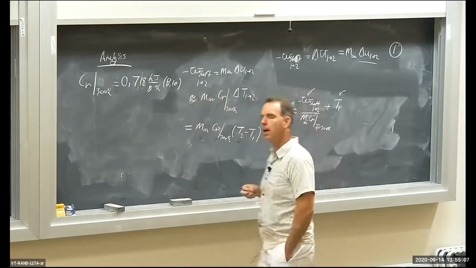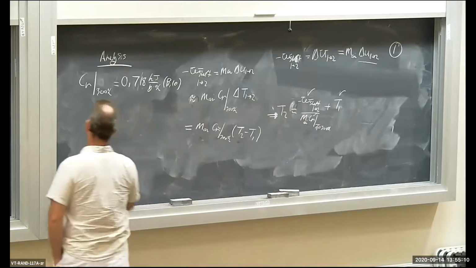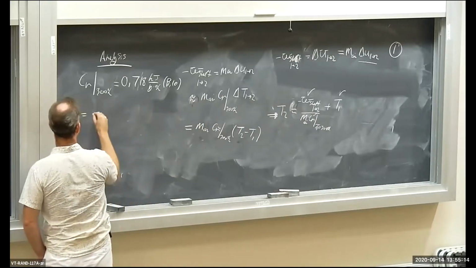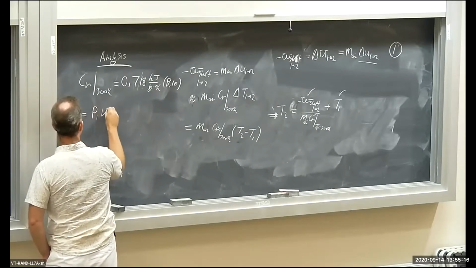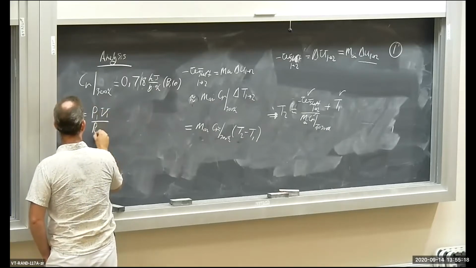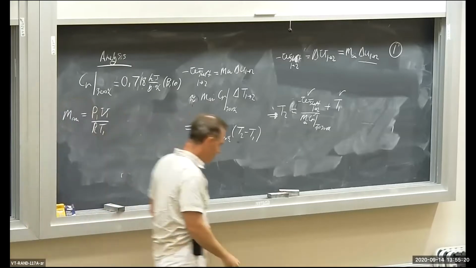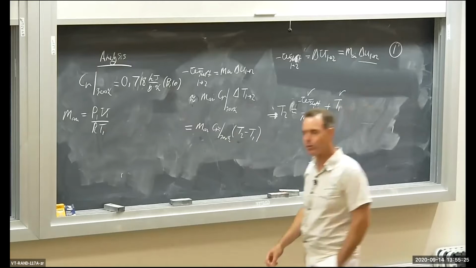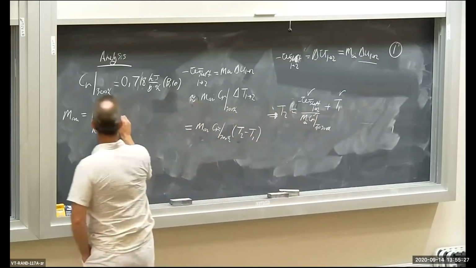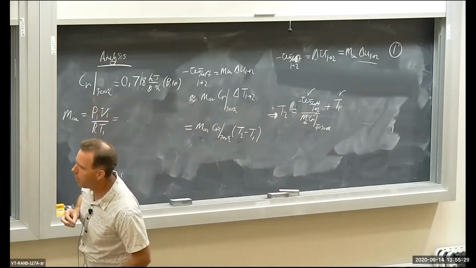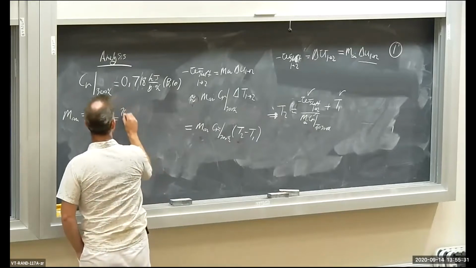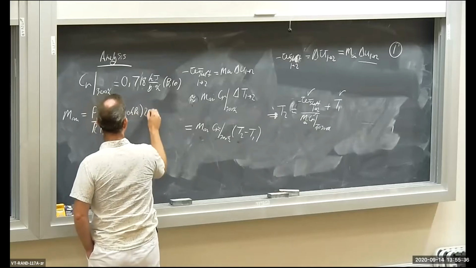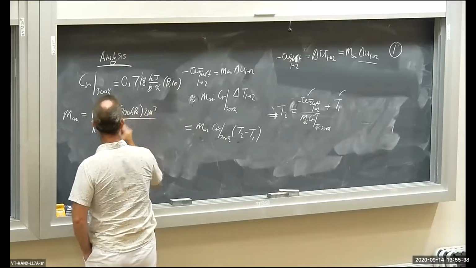That's done. Let's calculate the mass for the air. m air, and this is using the ideal gas law, is equal to P1 V1 over R T1. I just evaluated the ideal gas law at state 1. The pressure is 200 kPa. The volume is 2 cubic meters.